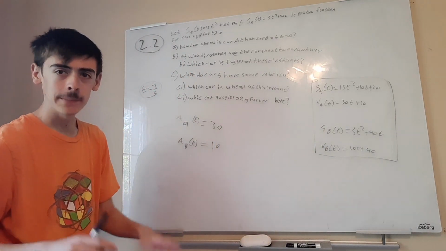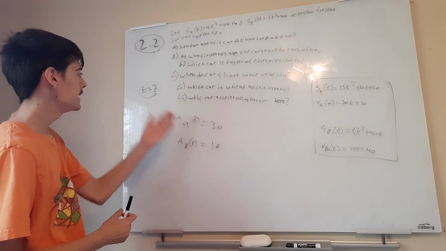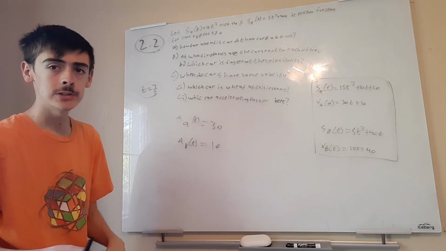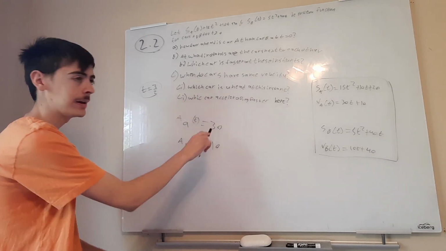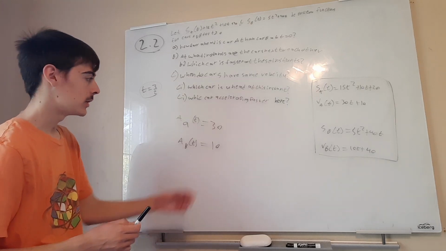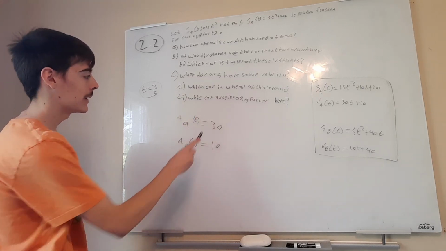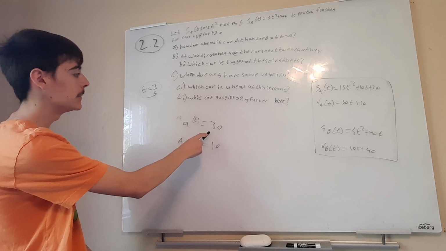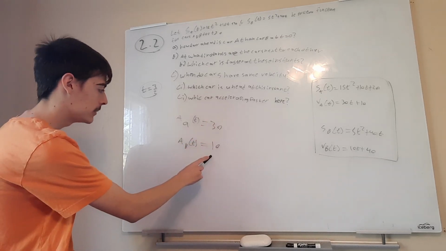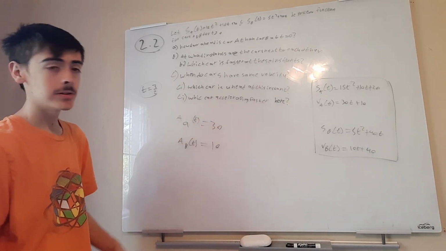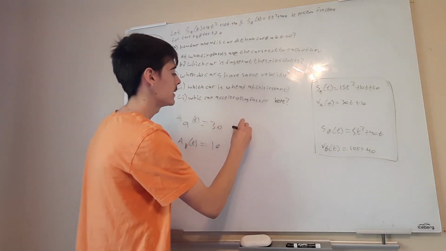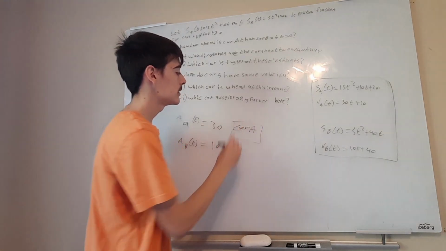You might get a tad bit confused here because there's no t to plug a value into, but that just means no matter what value you plug in, it's always going to be the same answer. No matter what I plug into car A, it's going to be 30. No matter what I plug into car B, it's going to be 10. Because 30 is greater than 10, car A is accelerating faster here.